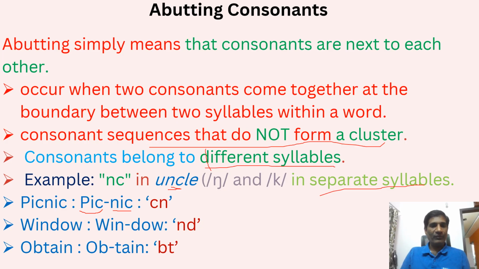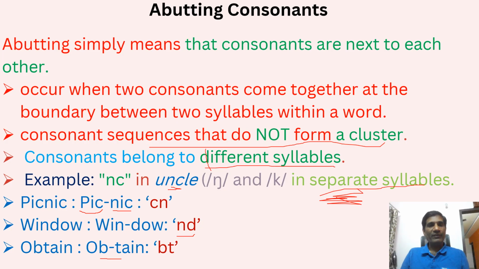Let's see another, window. Here n and d. These are abutting, not a cluster, because they are in two separate syllables. Obtain, b, t. So separate. So these are abutting consonants.